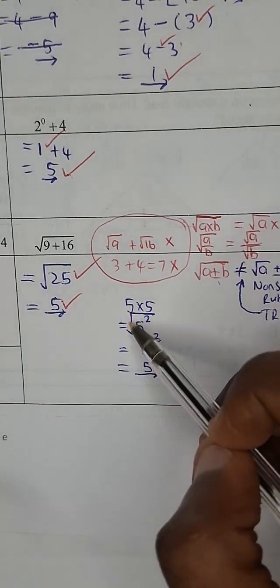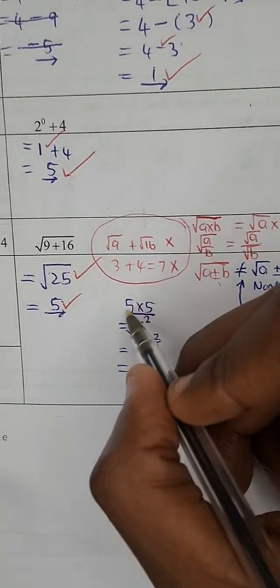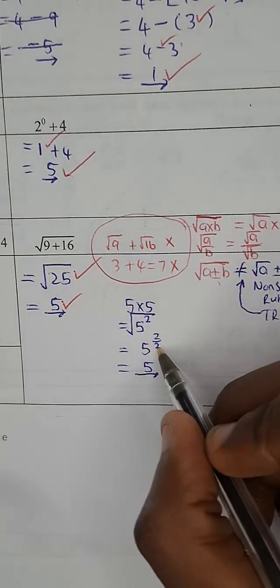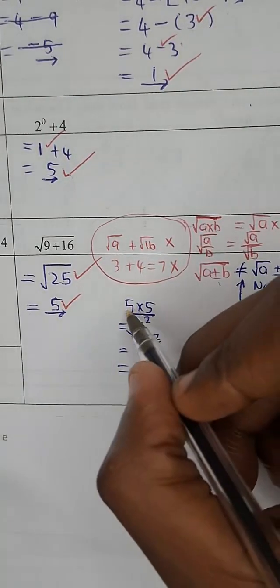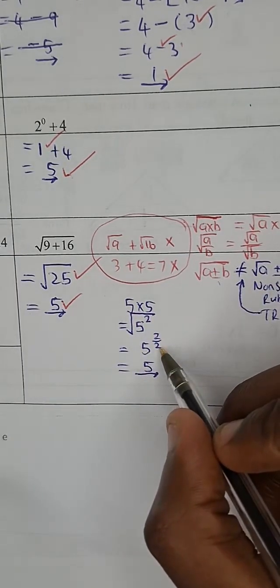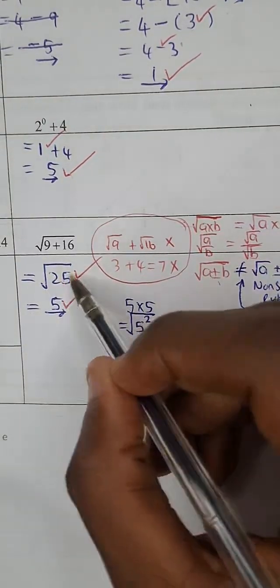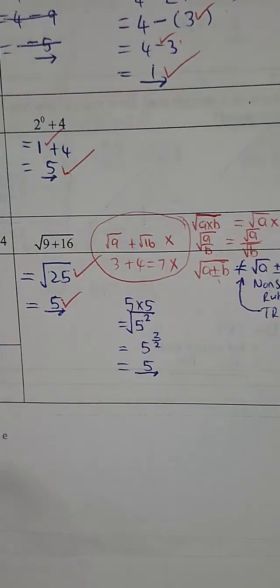If it was a cube root, we would divide by 3. If it was a fourth root, we'd divide this 2 by 4. If it's a fifth root, we would divide this 2 by 5. Okay? I hope the logic is there. So that is why we say the square root of 25 is 5.